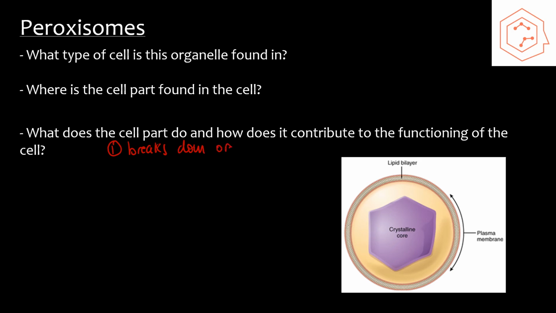As a result of this oxidation, you're going to produce hydrogen peroxide. Hydrogen peroxide is unstable, so it is converted to water and oxygen.